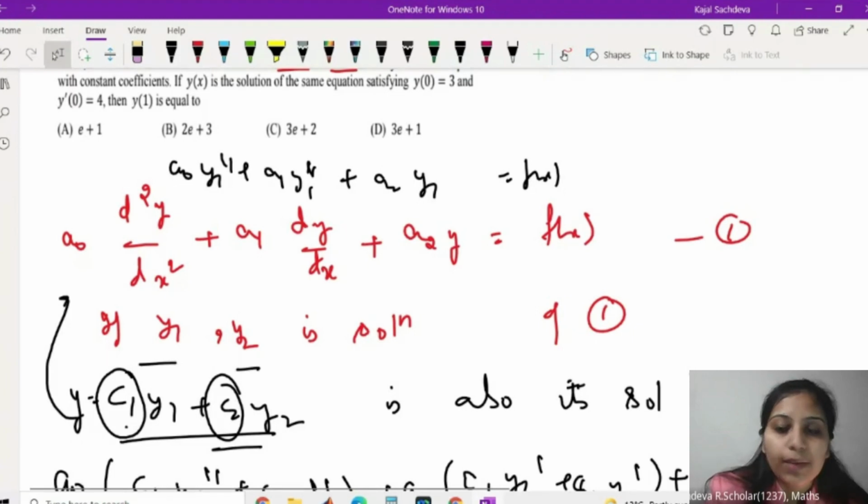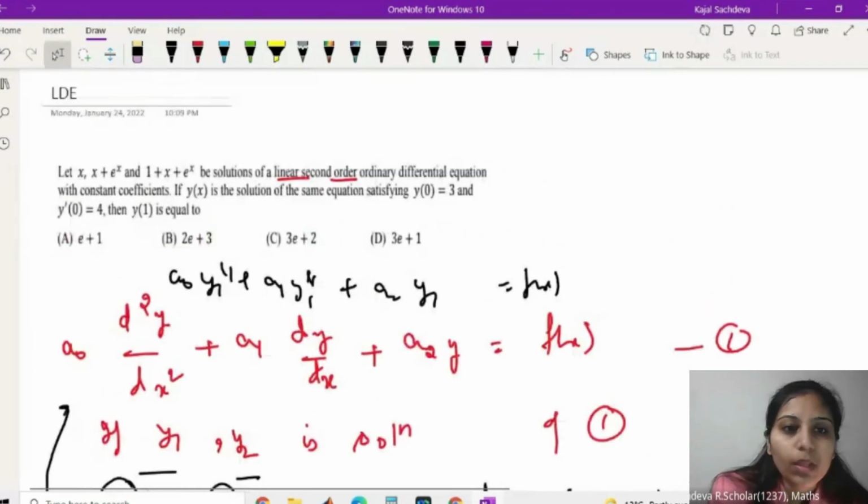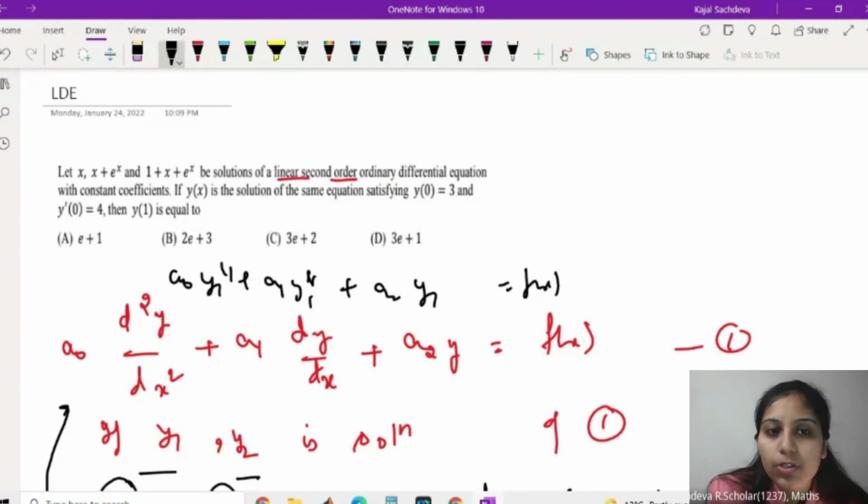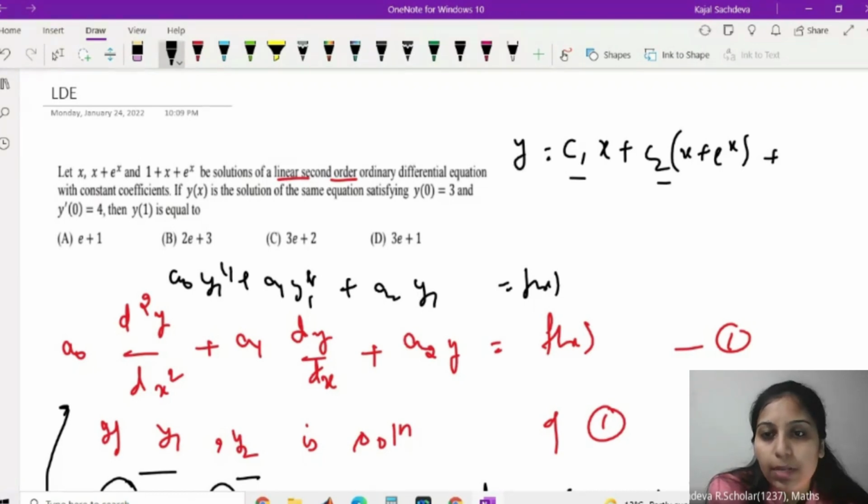In this we have been given 3 solutions of a second order differential equation. If these are solutions, then the combination is also a solution if the constants sum to 1. So if we take c1 times x, c2 times the second solution x + e^x, then the third constant must be 1 - c1 - c2.